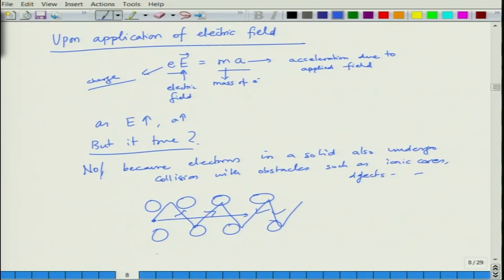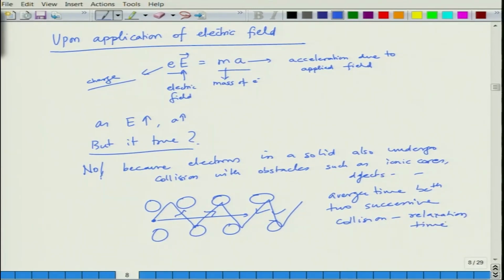So, you can average it out. You can say that there is an average time between two successive collisions that an electron undergoes, and this is called the relaxation time.